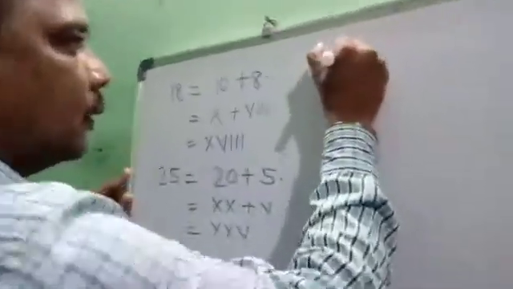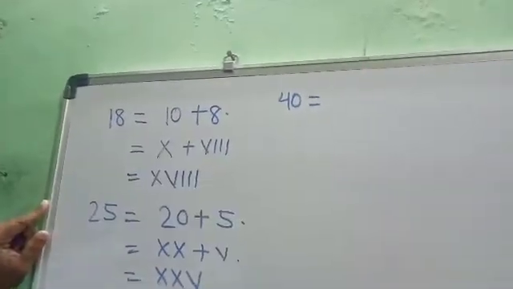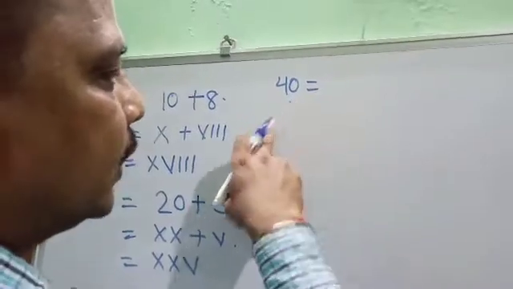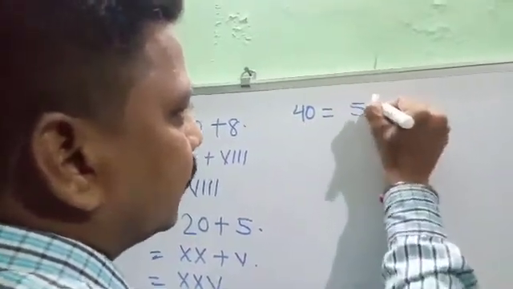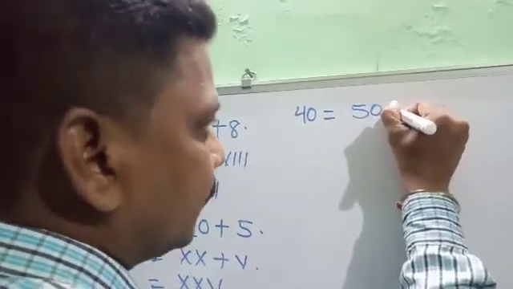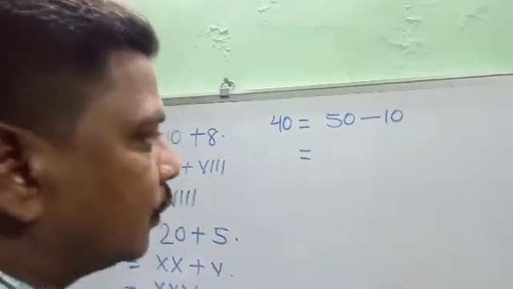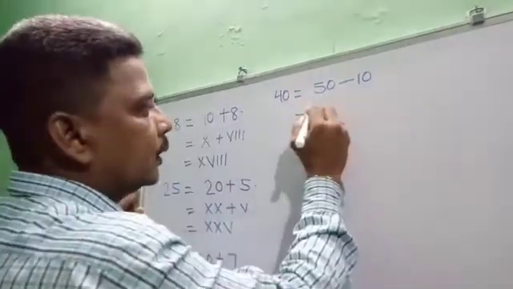And in 40, remember that point, we have to subtract. So when we have to find the Roman numeral of 40, we have to subtract 10 from 50, means 50 minus 10. And you know we use the letter L for 50.